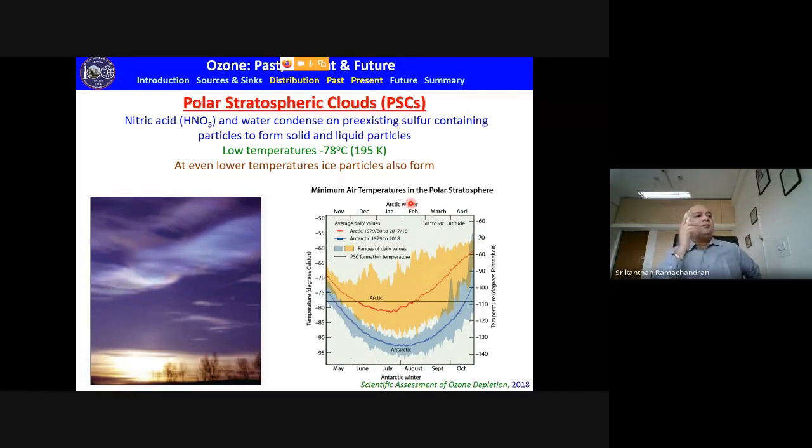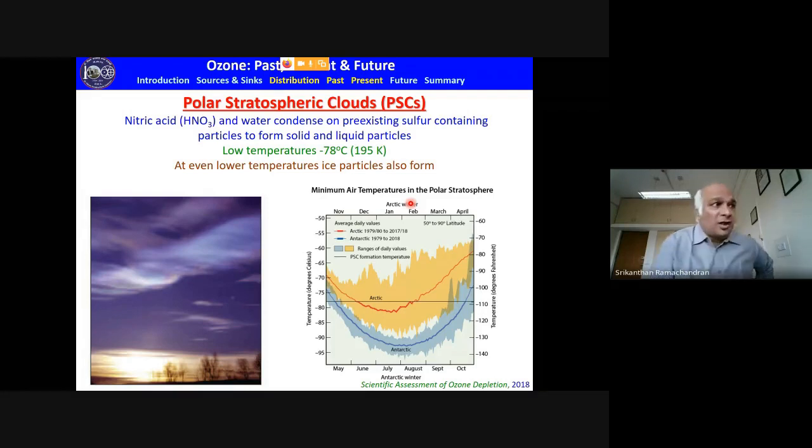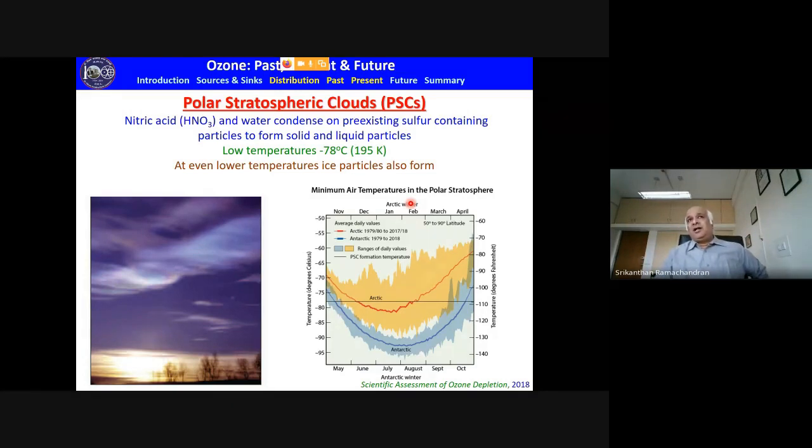Now these are nothing but aerosol-containing clouds, made up of nitric acid, HNO3, and water. They condense on the pre-existing sulfur particles to form solid or liquid particles. These are essentially formed at lower temperatures, about minus 78 degrees centigrade or lower.